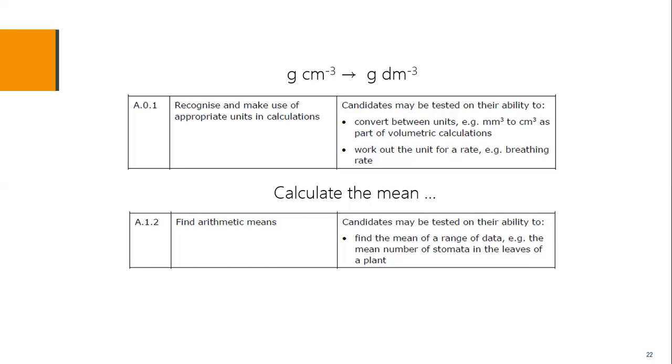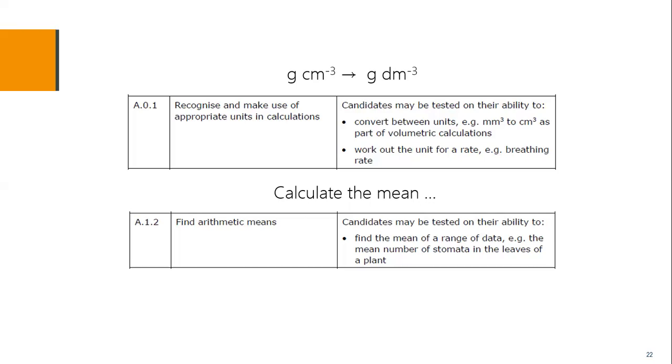But in terms of accuracy, your answer can't be accurate to more decimal places than the data you are given. If you get sets of data that go to 2 decimal places and you calculate the average and it comes up with 5 decimal places, that indicates that it's accurate to 5 decimal places, and it can't be, because it can't be more accurate than the information that you started with.